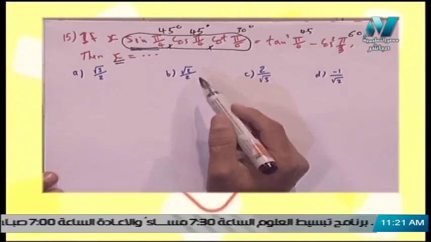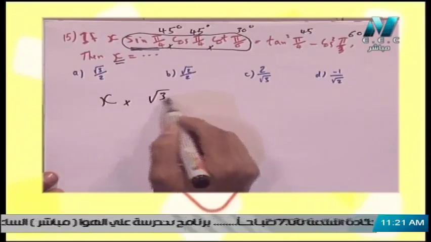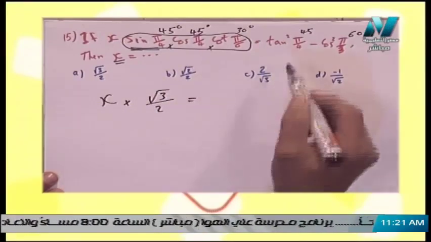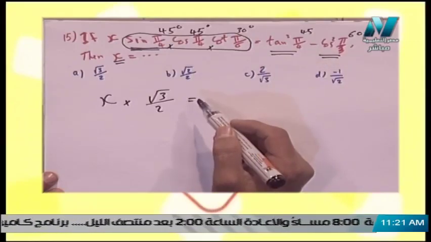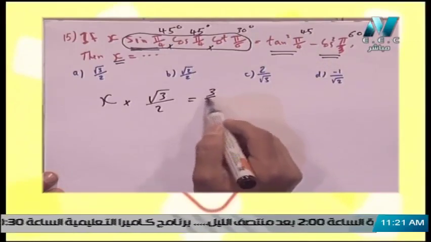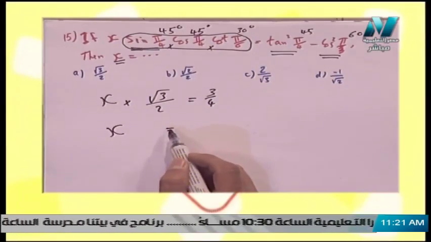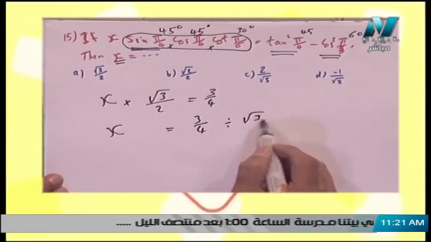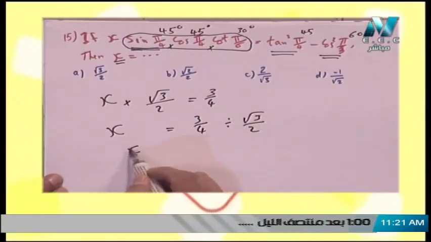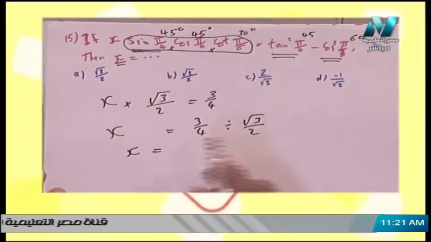The answer will be root 3 over 2, and if you solve this part also, it will be 3 over 4, and x equals here 3 over 4 divided by root 3 over 2, then x at the end equals root 3 over 2.